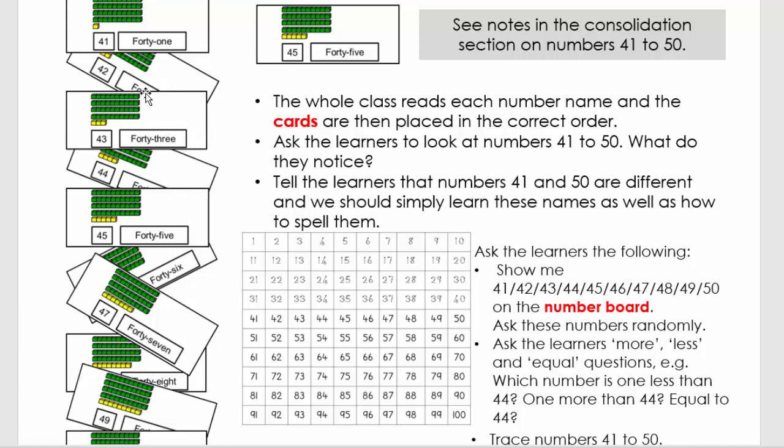Yes, we notice that 41 to 49 every time start with a 4, 40. But 50 sounds different because it starts with a 50. So we're going to count up from 41 to 49, and then we're going to add 50.